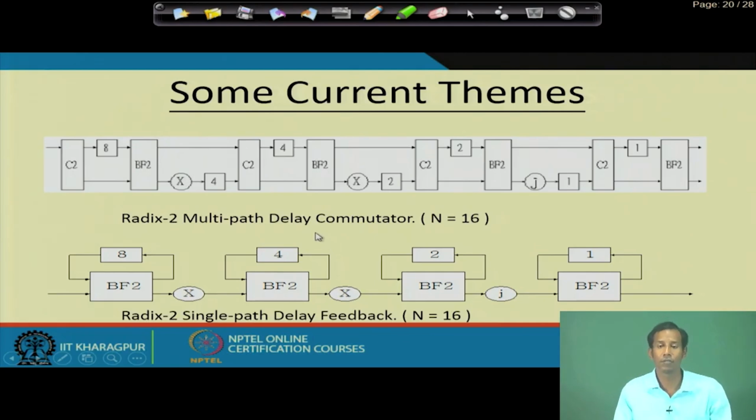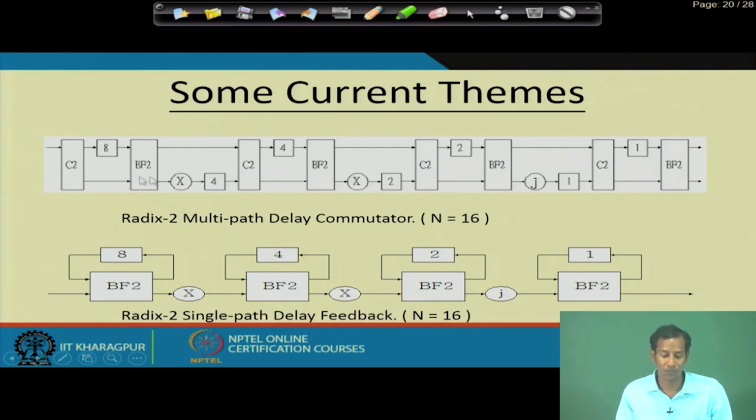The summary of the current architecture is that we can use the parallel implementation along with the pipeline structure. This structure is known as radix 2 multipath delay commutator.